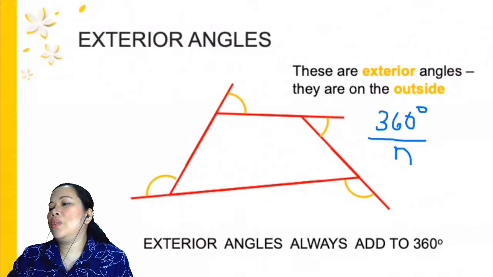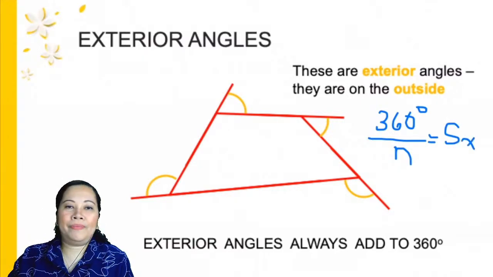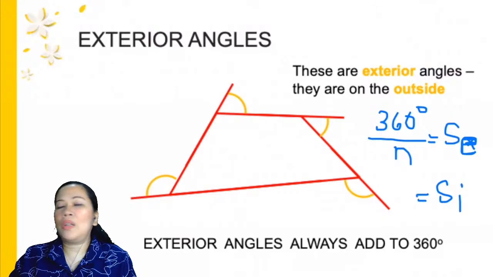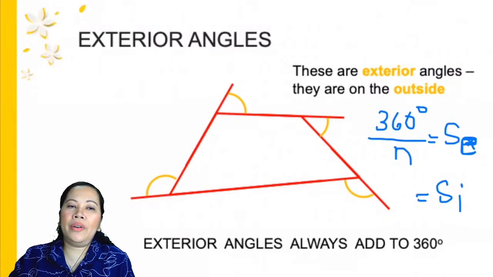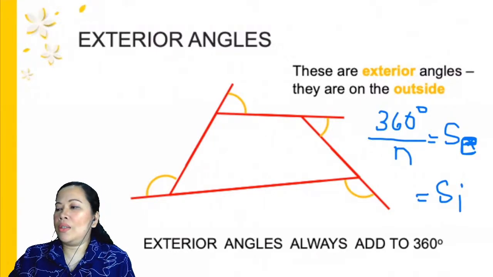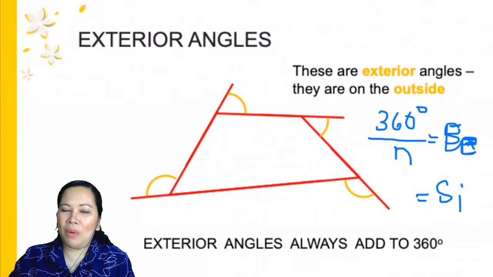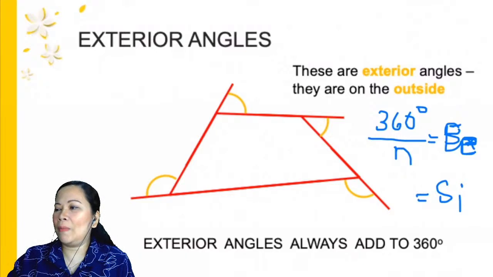Some would use E for exterior, and I for interior. So the sum of your exterior is 360, and each of your exterior angles will be 360 divided by n, right?